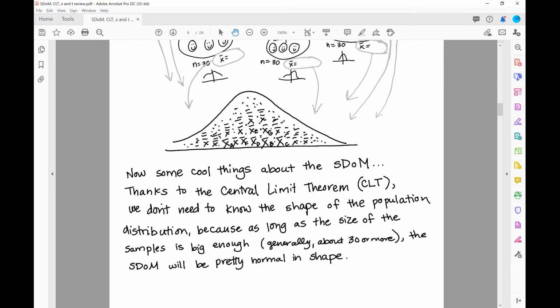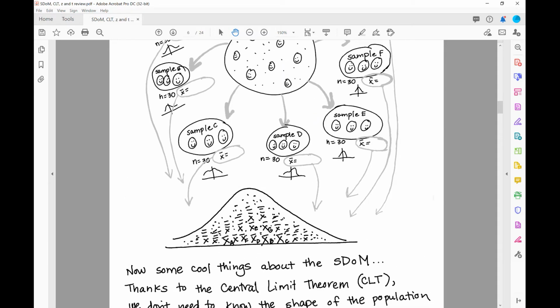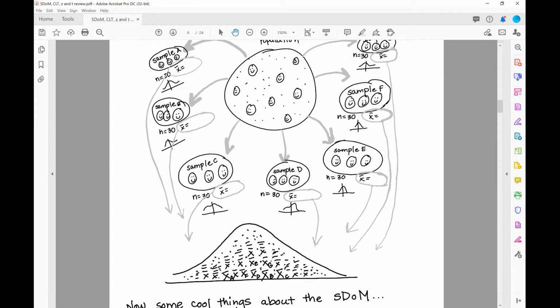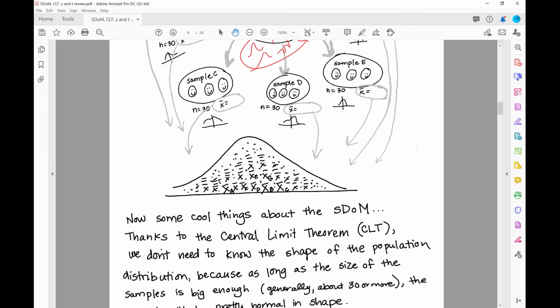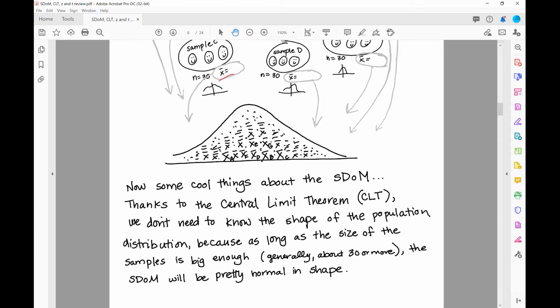So thanks to the central limit theorem, we don't need to know what the shape of this population distribution is. Doesn't matter if it's normal, if it's really skewed, if it's bimodal, if it's doing something real weird, right? It kind of doesn't matter what the population distribution looks like, because when we take all these means and all these centers and we plot them out, then this shape of the SDoM, as long as our sample sizes are like a minimum of maybe about 30, right?